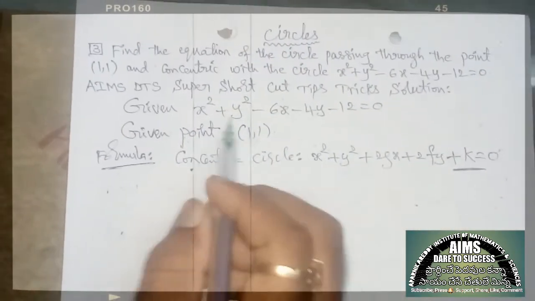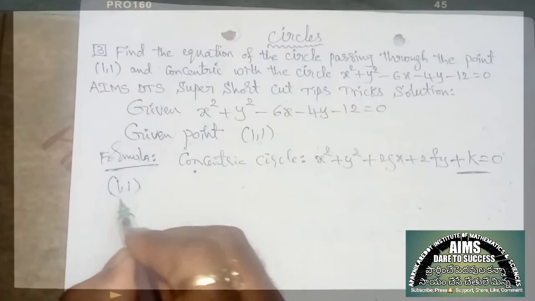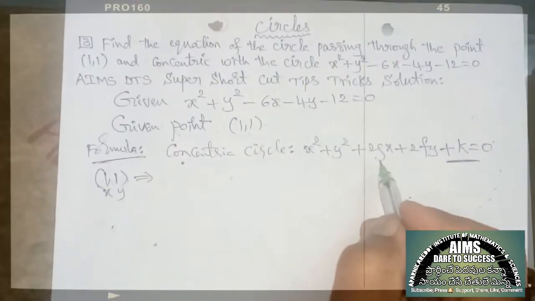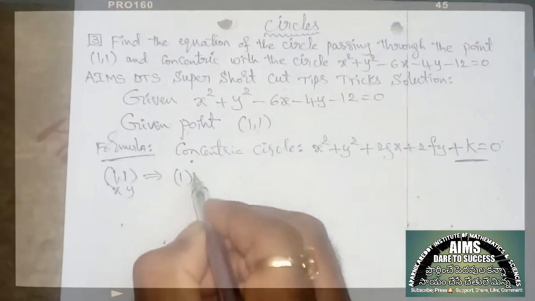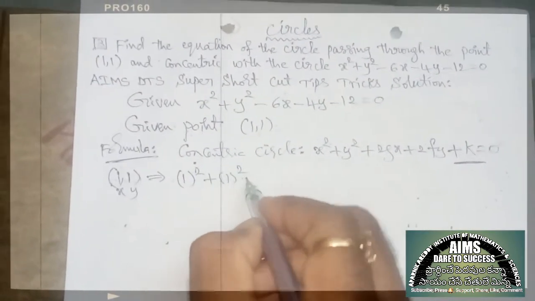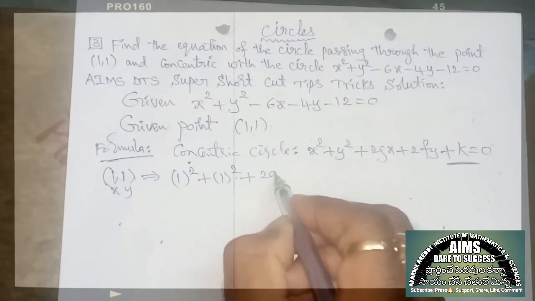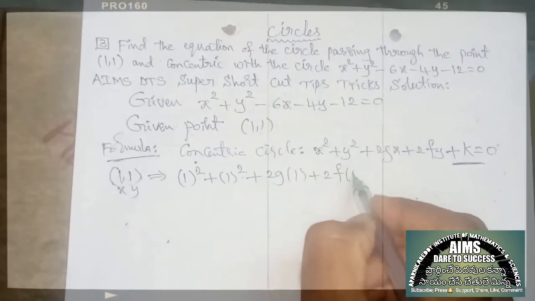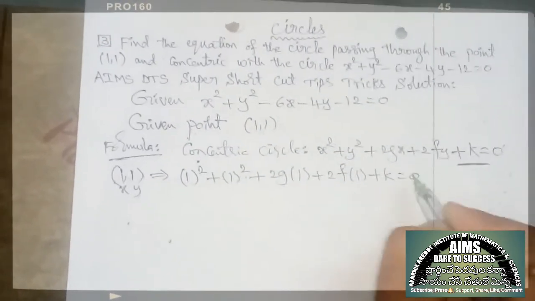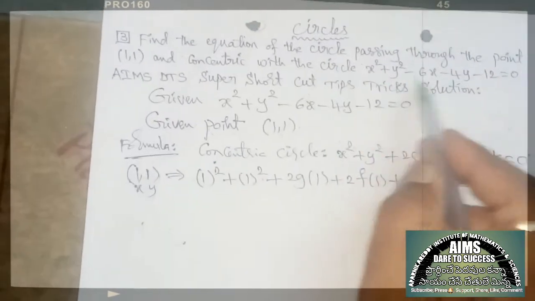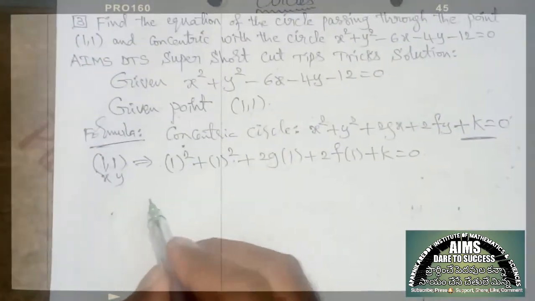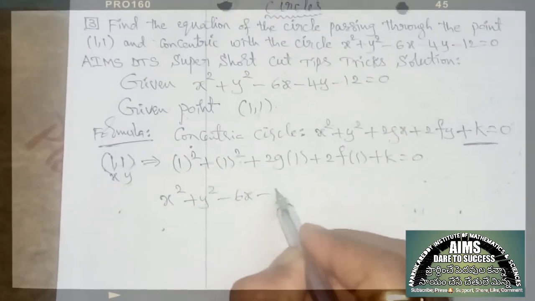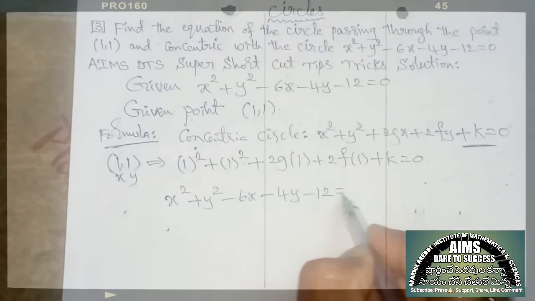Next, the point 1 comma 1 you have to substitute. 1 is x, 1 is y. So substituting 1 comma 1 in this formula we get 1 square plus y value 1 whole square plus 2g into 1 plus 2f into 1 plus k is equal to 0 according to this, but we wanted to substitute our given question circle, I mean x square plus y square minus 6x minus 4y minus 12 is equal to 0.